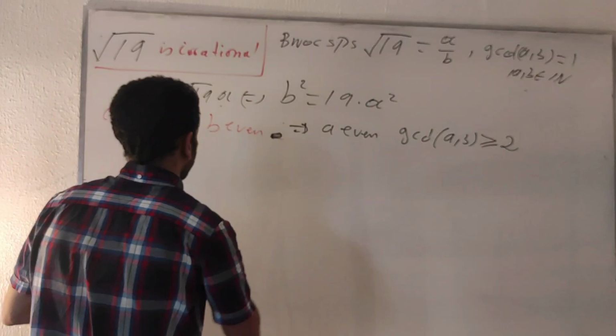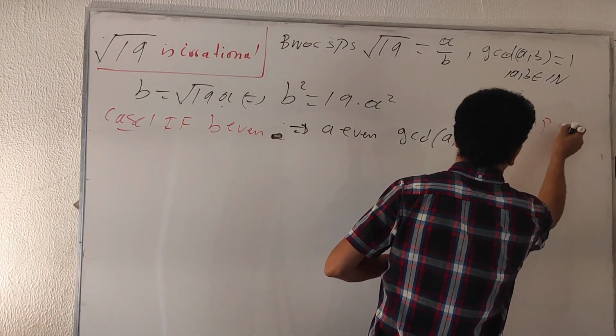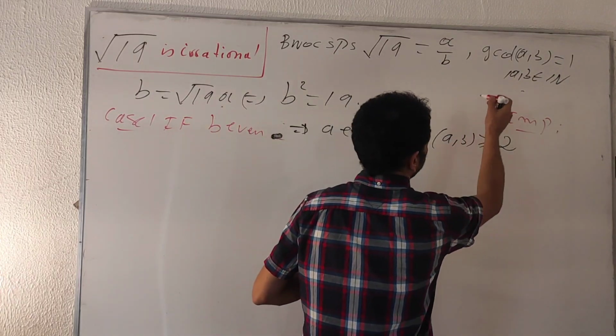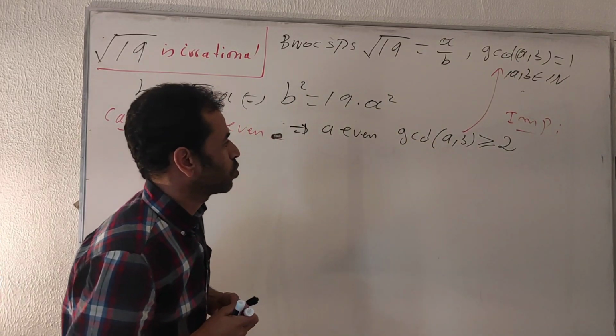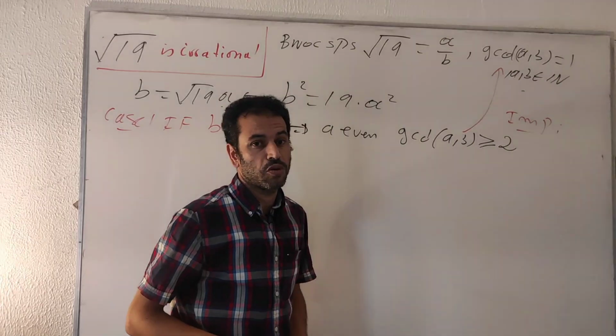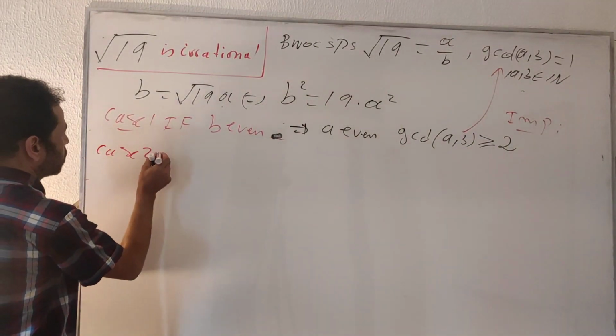So it's a contradiction. It's impossible. Why is it impossible? Because we have contradicted the GCD. The GCD must equal 1, but we found the GCD of these integers must be at least 2, which is impossible.